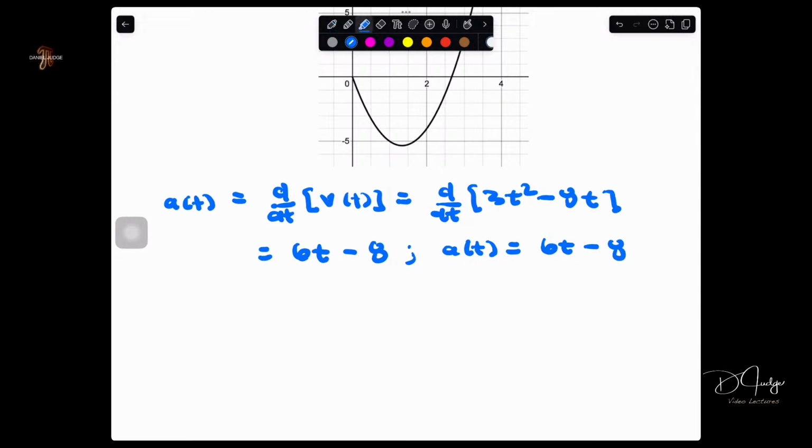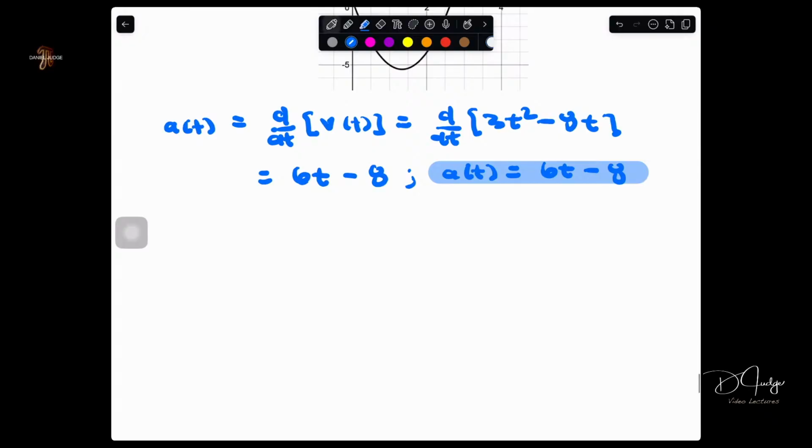Now remember, we're going to try to find where we have the push to the left, pull to the right, or push, pull, whatever you want to call it. Push to the left, push to the right, pull to the left, pull to the right. And when there's no push or pull, what they mean by that is simply perform sign analysis on your acceleration function.